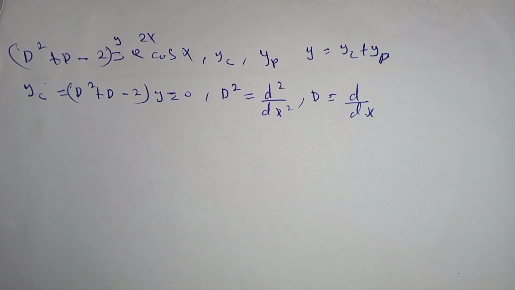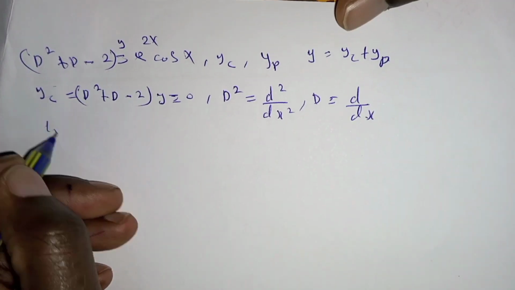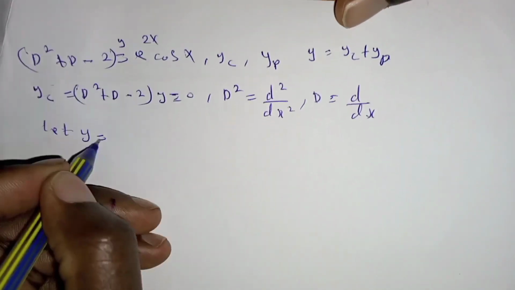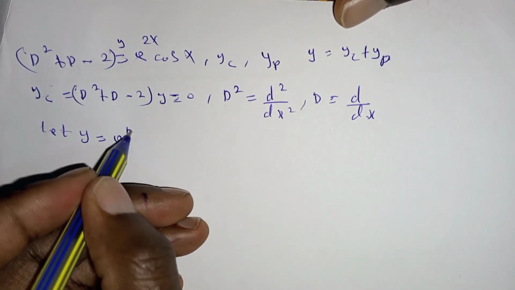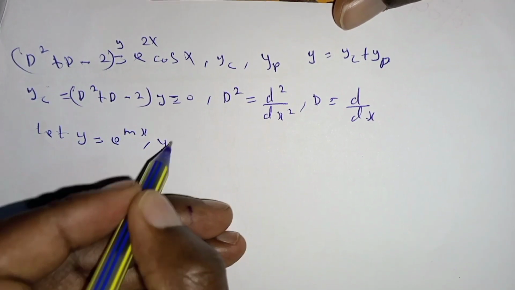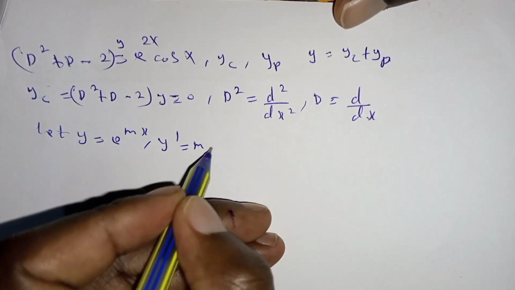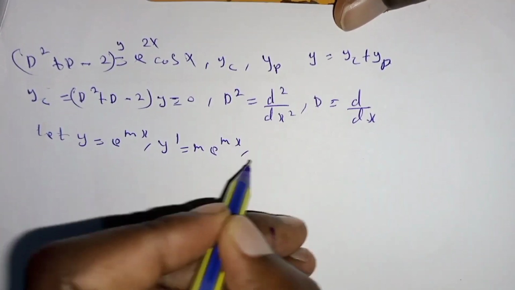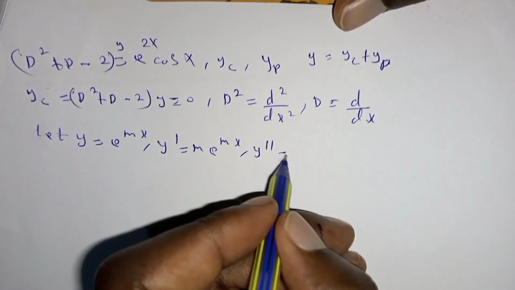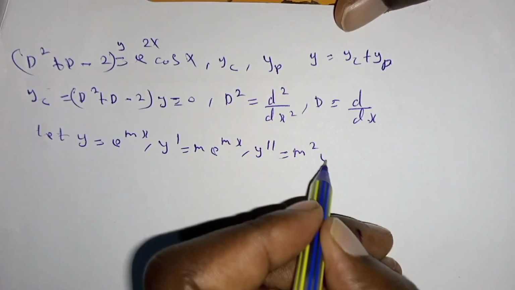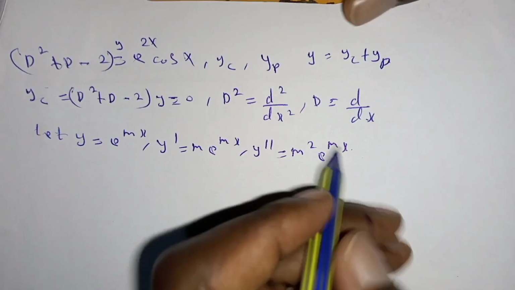So to solve the complementary part, we let our solution be of the form y is equal to exponential mx. We differentiate y once to get y prime, which is m exponential mx. We differentiate y twice to get y double prime, which is equal to m squared exponential mx.